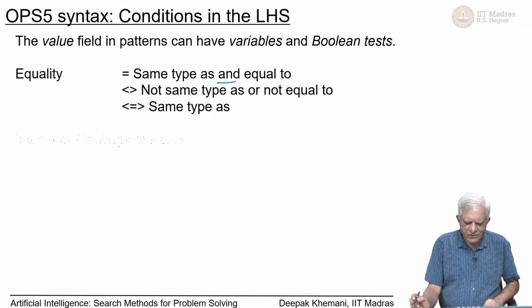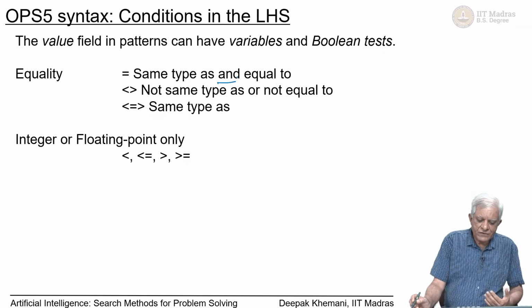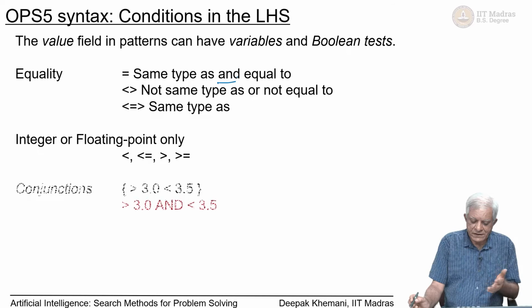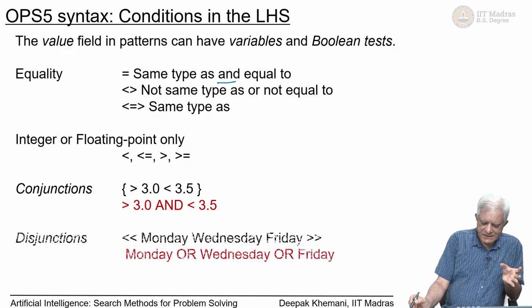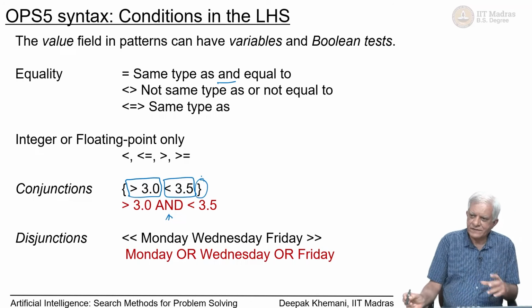Or we can also just only take the same type, that both are integers for example. For integers or for floating point, we have these ordering relations: less than equal to, greater than equal to. We also have conjunctions, that two tests must be satisfied, that it must be greater than 3 and it must be less than 3.5, and there is an implicit and, which is represented by these curly brackets for saying that I am talking about a conjunction.